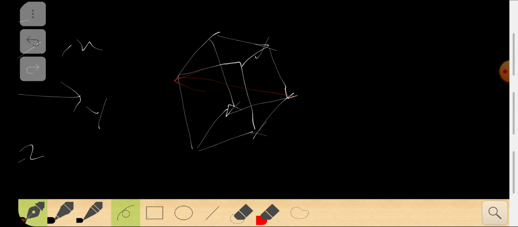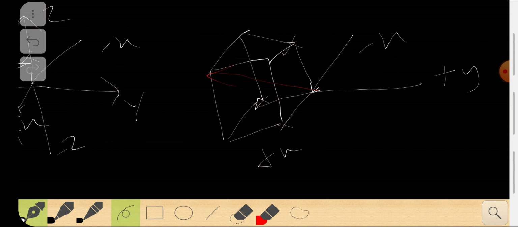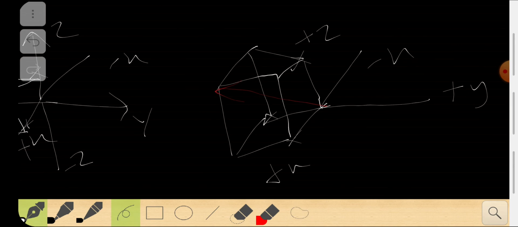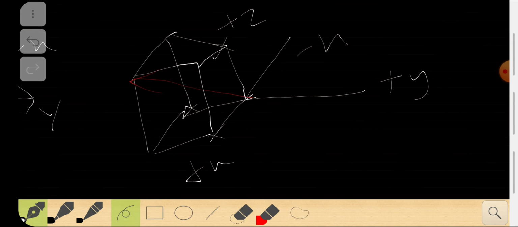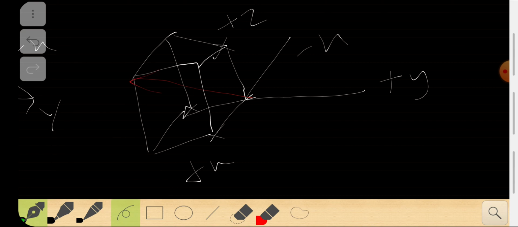This is the x-axis, this is the y-axis, and this is the z-axis. The angle made with the z-axis is called theta.